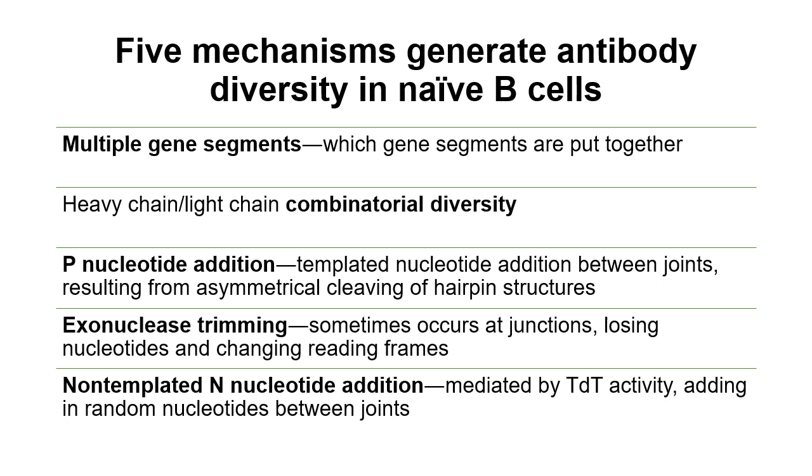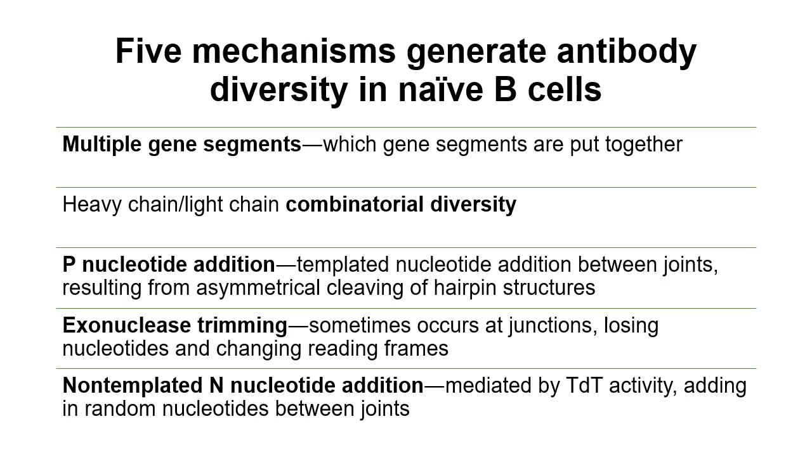All right, so your 5 mechanisms for antibody diversity. Multiple gene segments. That's where we started off talking about this, and we ended up with a number of different segments, like 45 heavy chain segments for the V region and X number for the J region and X number for the D region if present in the heavy chain, etc. That gave us up to 1.2 million combinations.